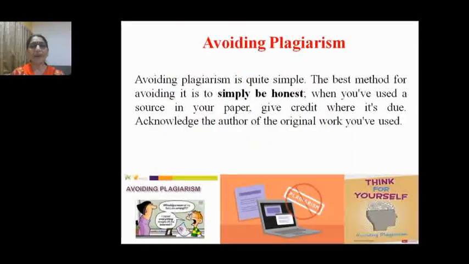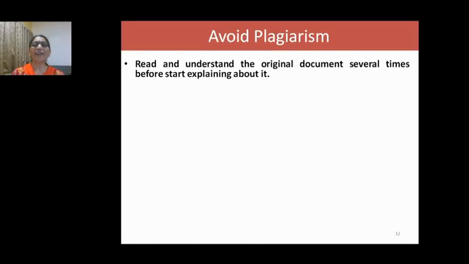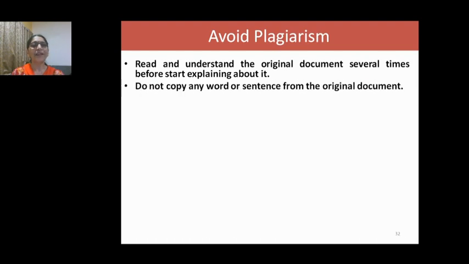So you can avoid plagiarism. Just simply be honest. When you have used a source in your paper, give credit where it's due. Acknowledge the author of the original work you have used. Again, you can avoid plagiarism. You just have to read and understand the original document several times before you start explaining it. Do not copy any word or sentence from the original document.